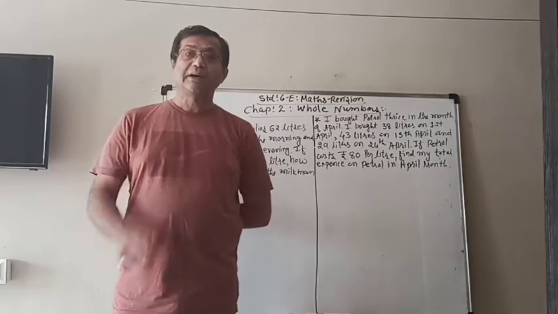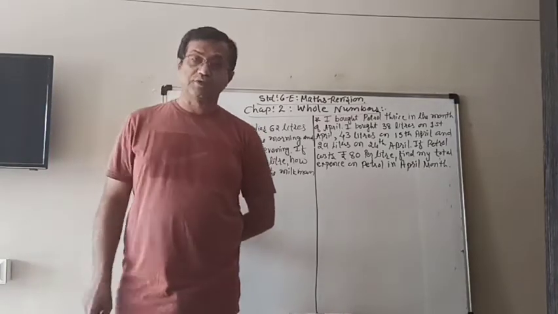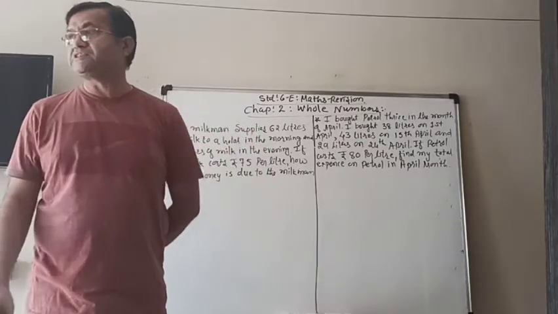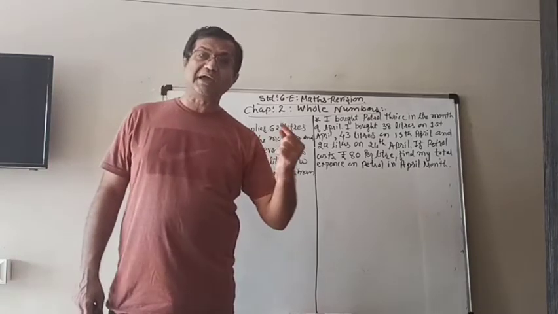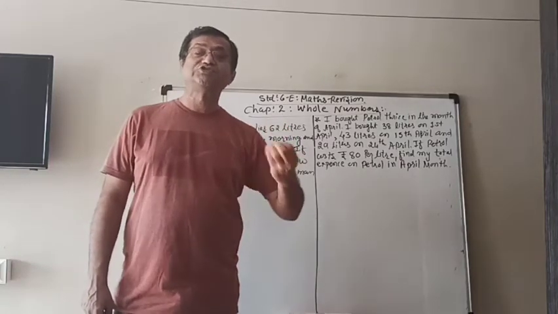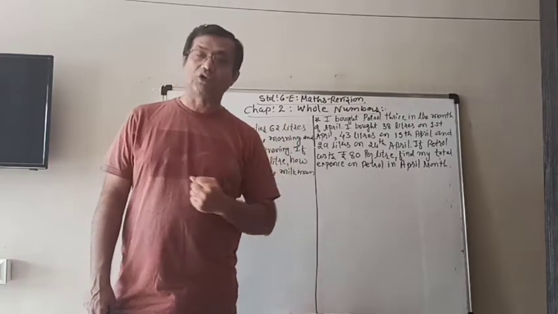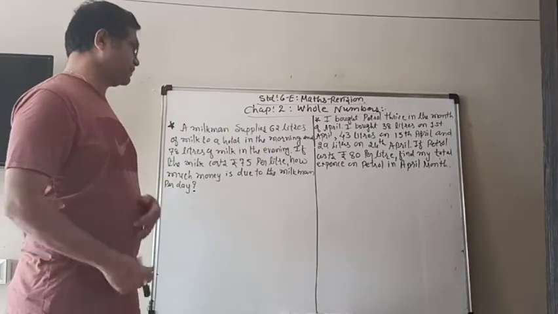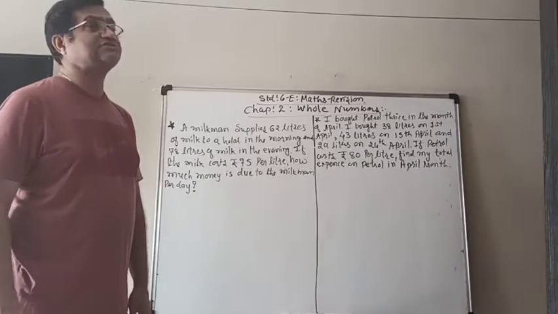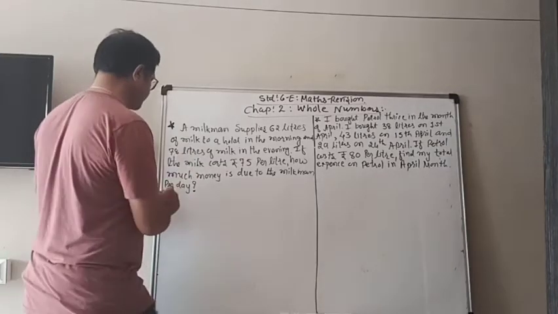Per liter means the price of 1 liter, so the price of 1 liter of milk is rupees 75. So every day how much money is due for that milkman from the hotel? Now the total milk, how much he is supplying, that we will find first.